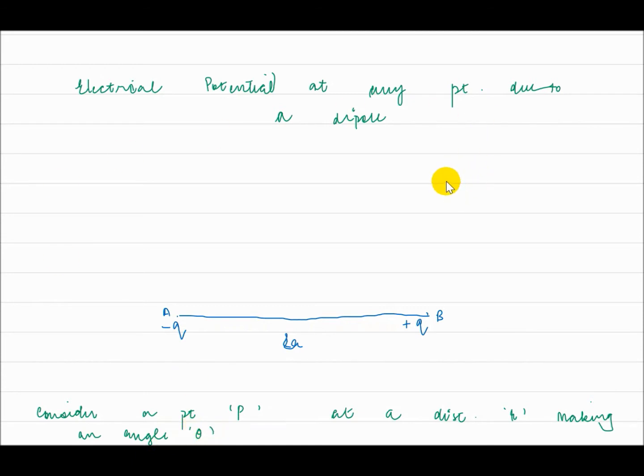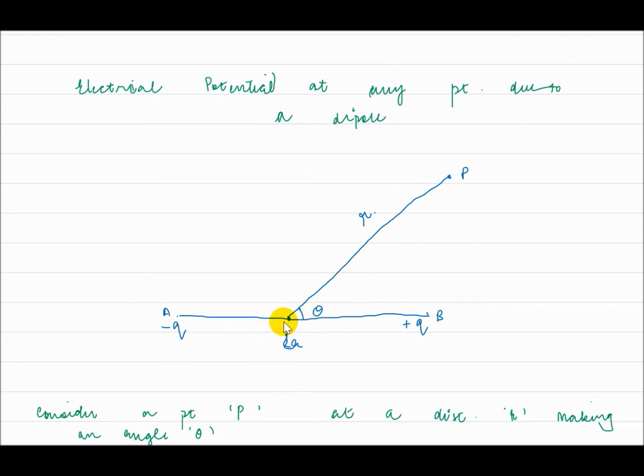Consider the point P somewhere here. We'll take it from the center of the dipole. This is distance r, and this is angle theta.